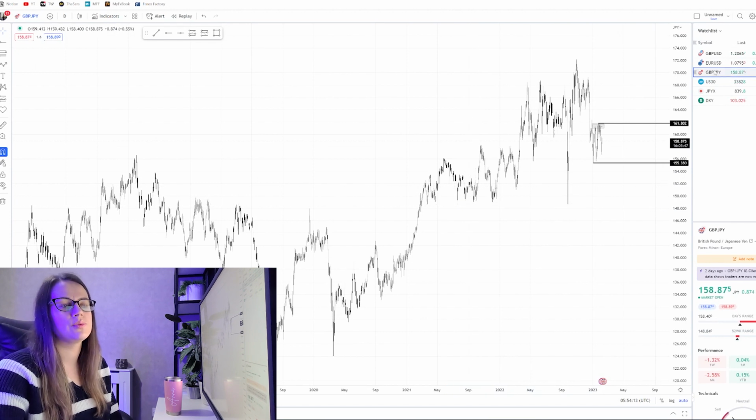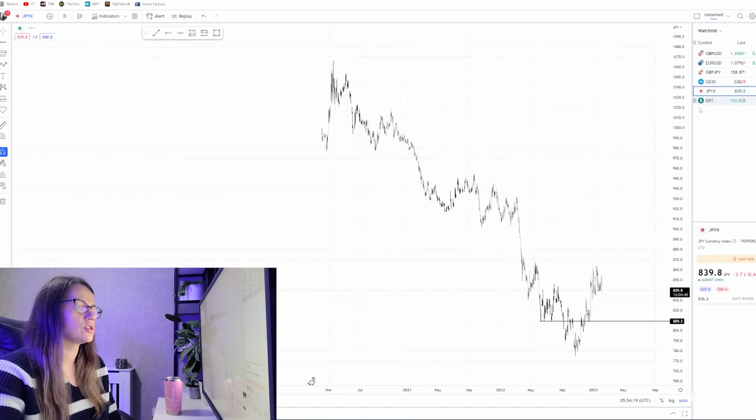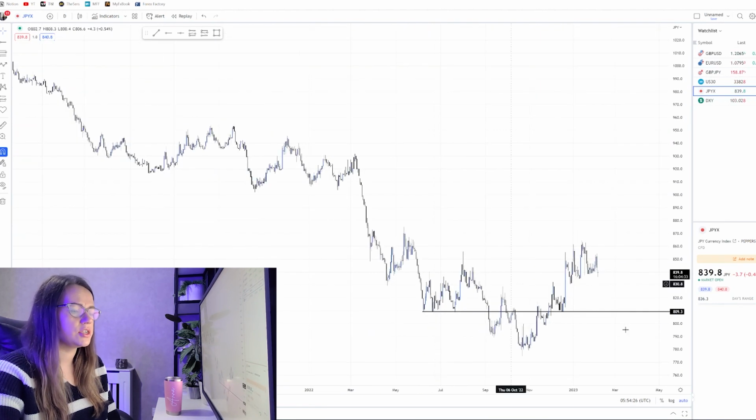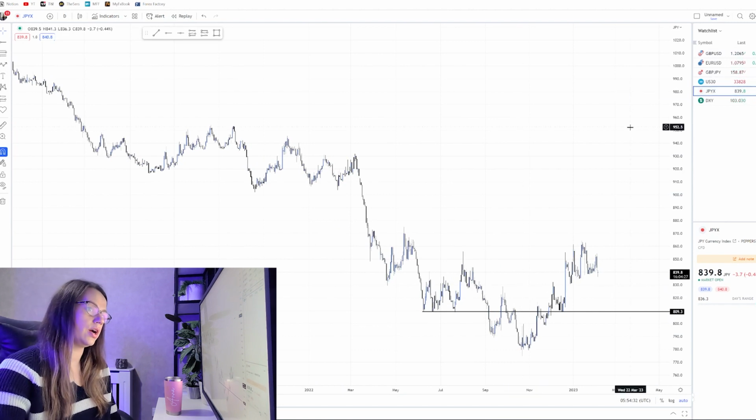Also, when I do any analysis on GJ, I will look at the GPYX, which is the yen index, and we can see that yen is very much bearish. Because it is bearish, that means GJ is going up. So when the index is bearish, GJ is going up.